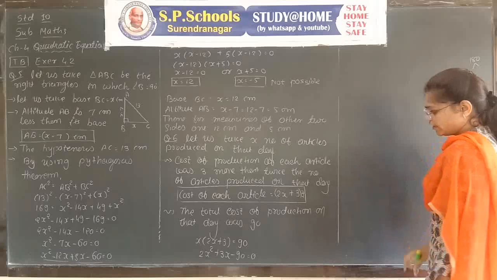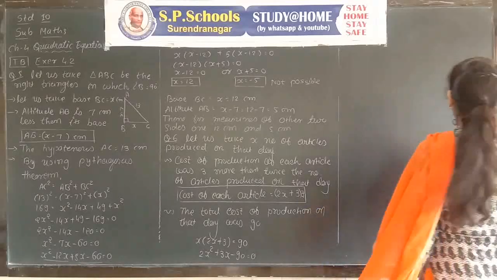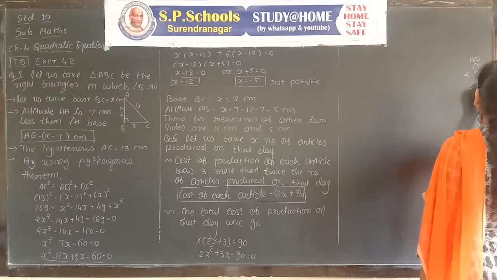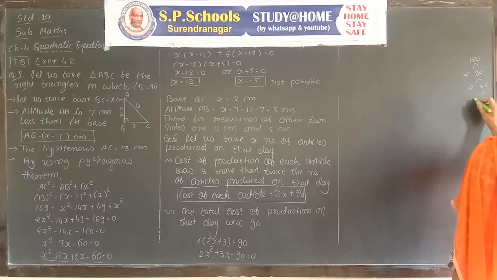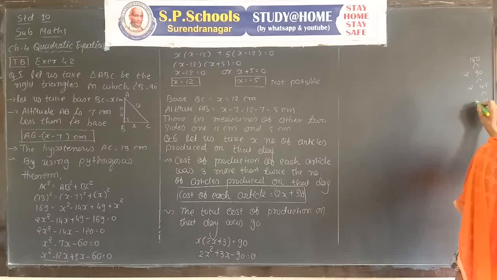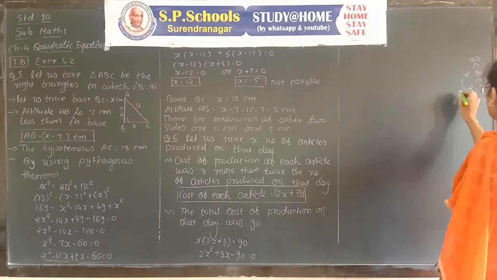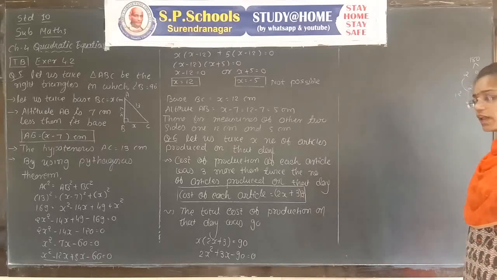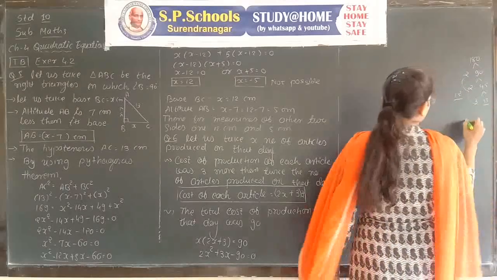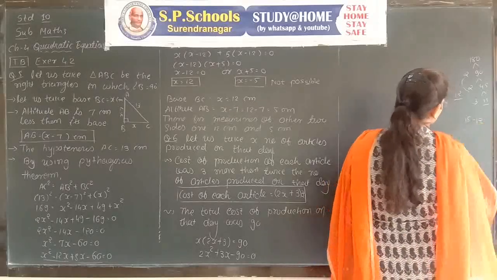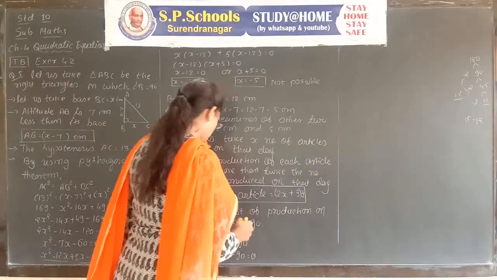Factors of 180 whose difference is 3: the factors are 15 and 12. 15 minus 12 gives 3.